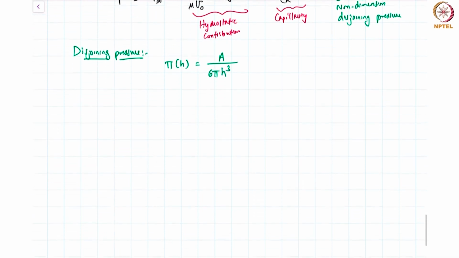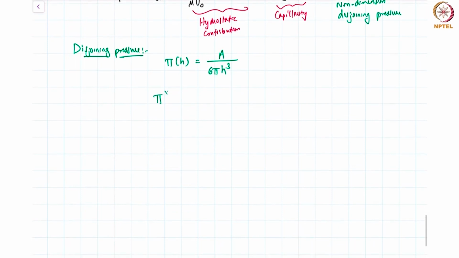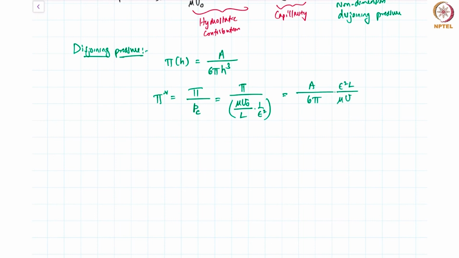So if I non-dimensionalize this, let's call this pi star. This is a pressure, therefore I can directly non-dimensionalize it by the characteristic scale for pressure that we had already used, which was mu u naught by L times 1 by epsilon square. This essentially becomes A by 6 pi times epsilon square L by mu u naught times 1 by h cube.